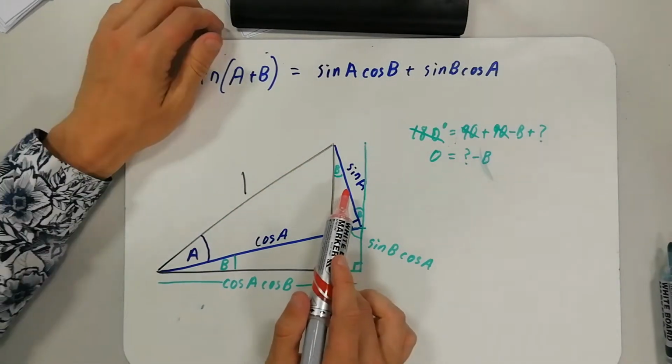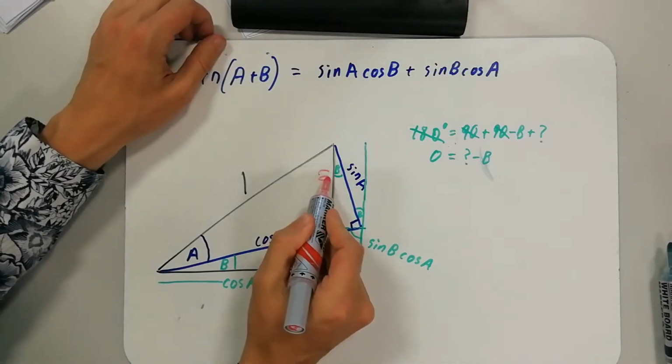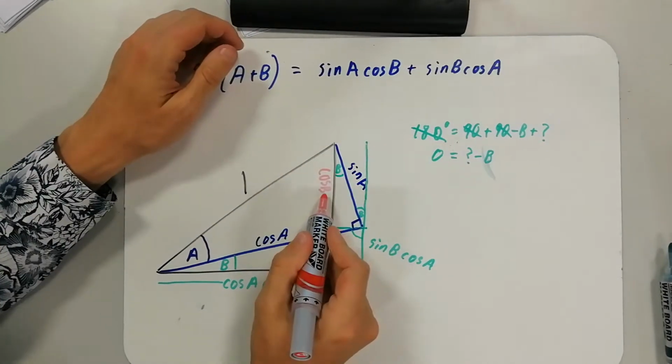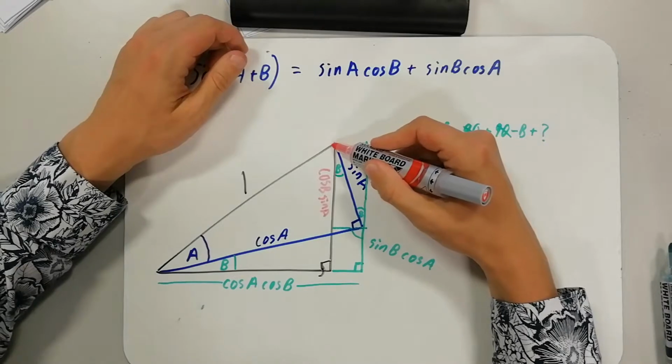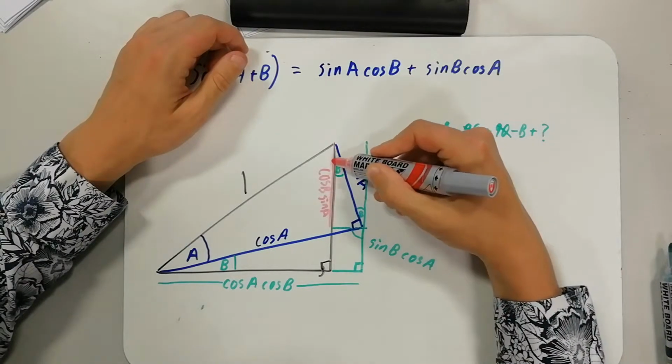So again, we can do cos B, because I want the adjacent, times the hypotenuse, sine A, and that will give you that length which we desire there.